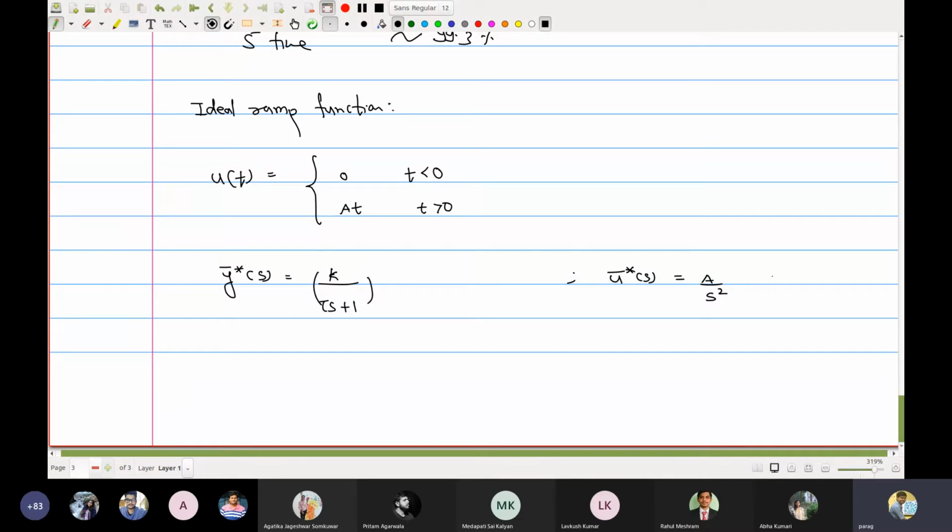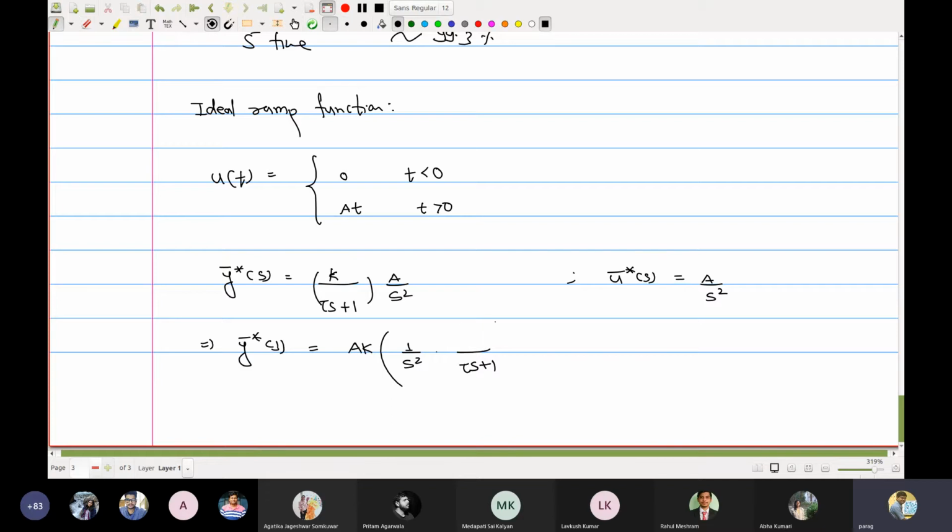I again am assuming that you remember Laplace transforms. Please go back and do a quick brush up of Laplace transforms. So this is y bar s equals ak, and again, I know the effect of ak, so I will not worry about that, times 1 upon s squared, times 1 upon tau s plus 1.